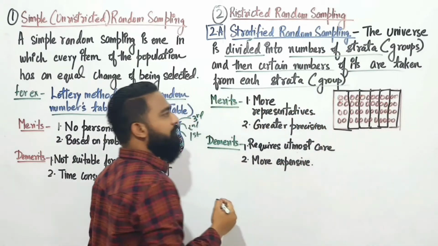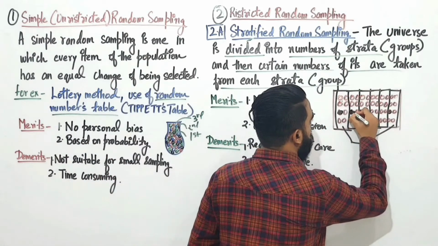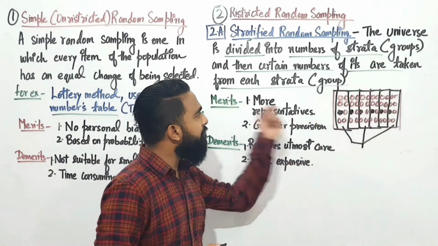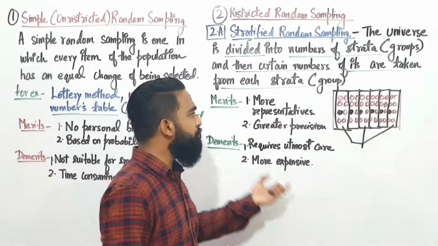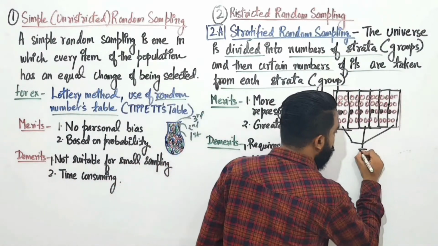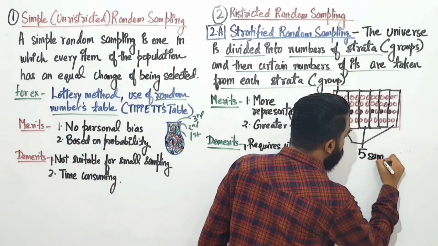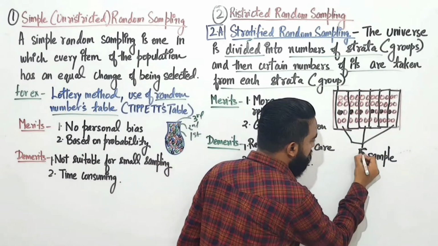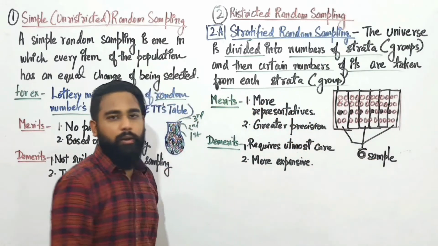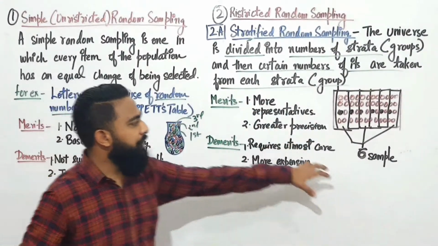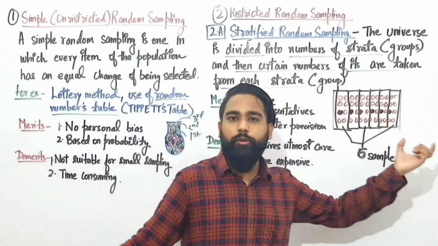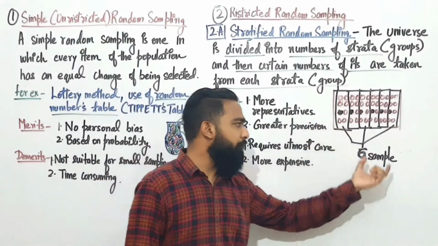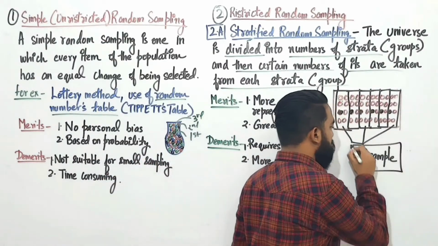I take one from each of the groups so that I can have my required number of samples. Suppose I needed 6 samples, so I divided the universe into 6 groups, and from each group I take one, and now I have my 6 samples.